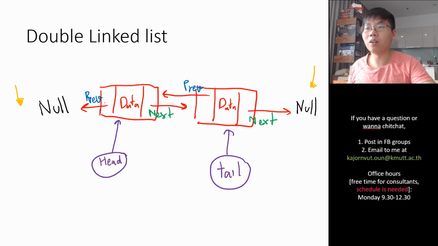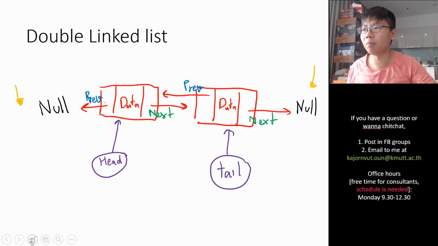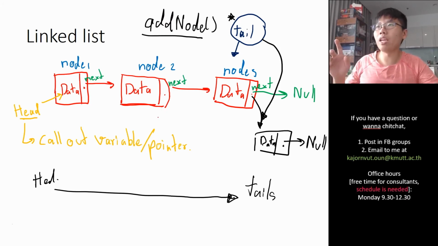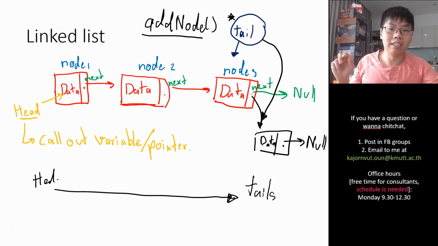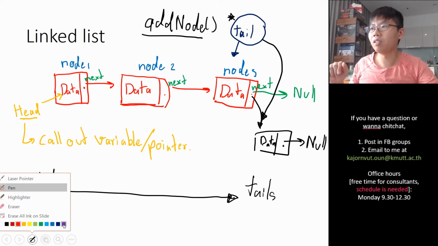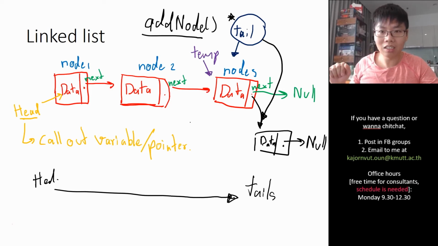For example, if we go back to this example, what will happen when we try to call data in this linked list? Basically, we need a temp pointer, and temp searches through the linked list to the last one, and then we call the data.